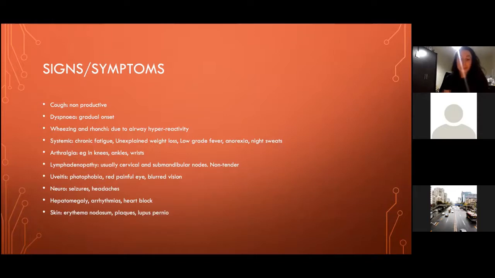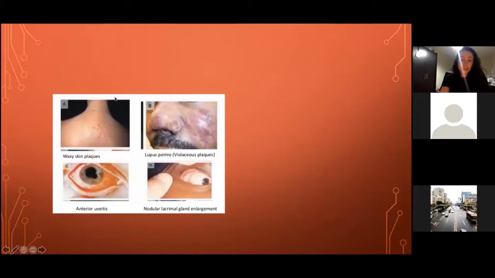The acute presentation of fever, arthralgia, and erythema nodosum is known as Lofgren syndrome. This is just some pictures showing some of the lesions, as I've mentioned before.